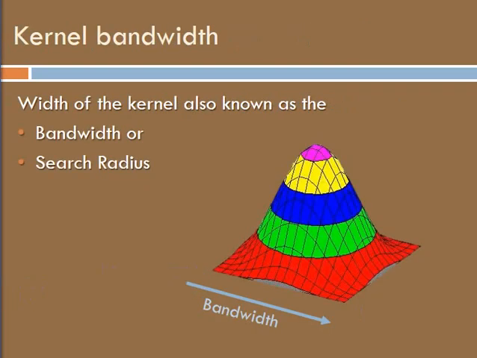It is, like I said, very important to know that the kernel estimate is more heavily influenced by this bandwidth than the shape of the kernel. So I wouldn't get as hung up on the shape. The bandwidth is kind of the limiting factor. It's the radius, or the distance from the peak beyond which the kernel value or the probability goes to 0, that the observed location is going to be beyond this thing.